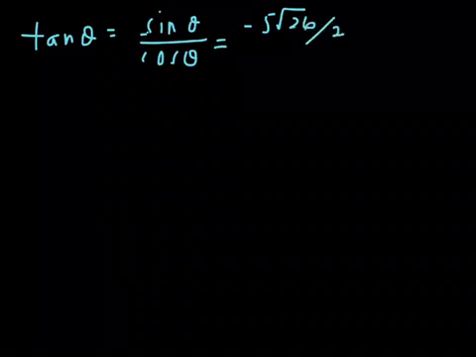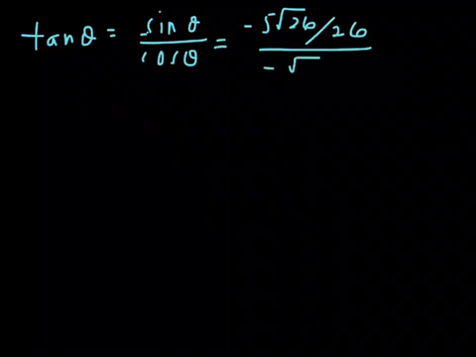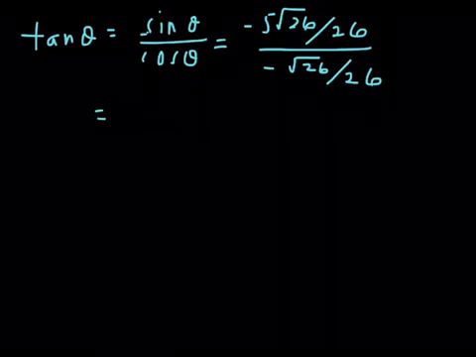That's what sine of theta is. And then cosine of theta we found already to be negative root 26 over 26. Okay, cool. Definitely a negative divided by a negative is a positive. We know that because theta is in quadrant 3 and tangent's positive there.